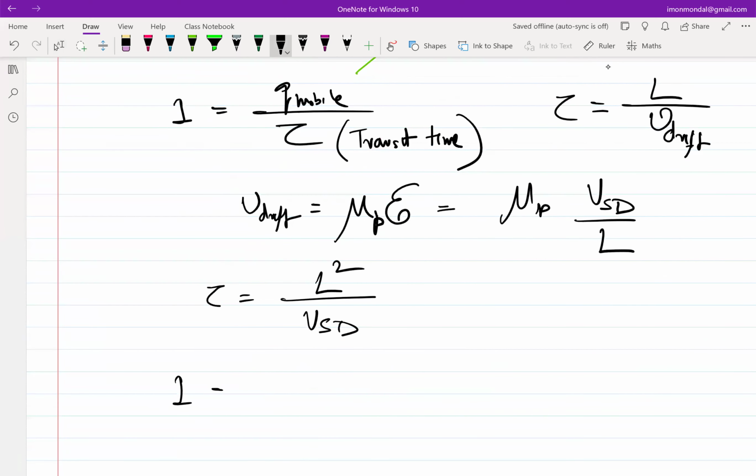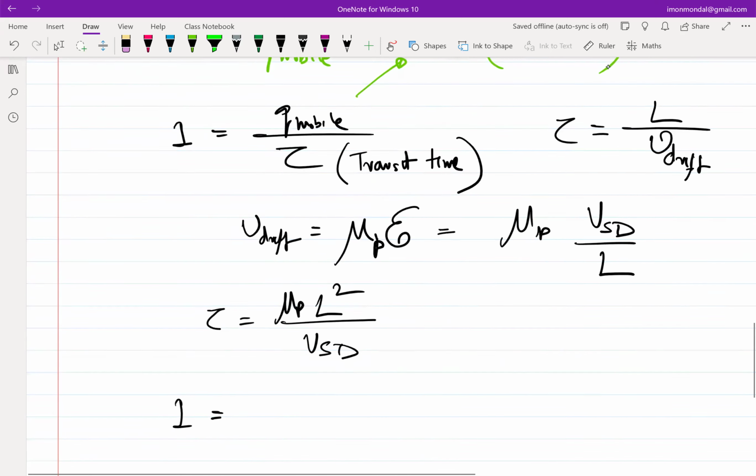So I get I to be equal to... Sorry, I made a mistake here. Okay, let's put it one by one, right? So Q mobile, mu P will be in the denominator, right?